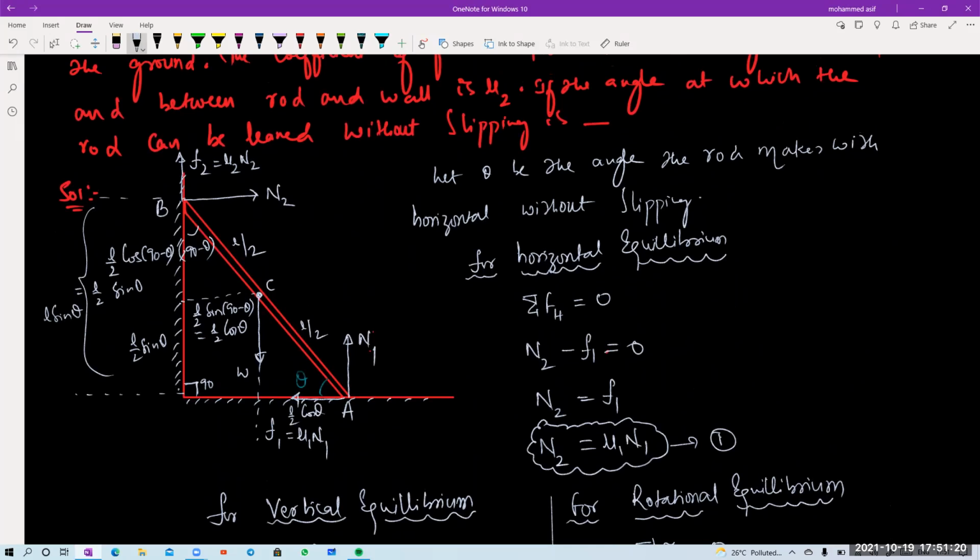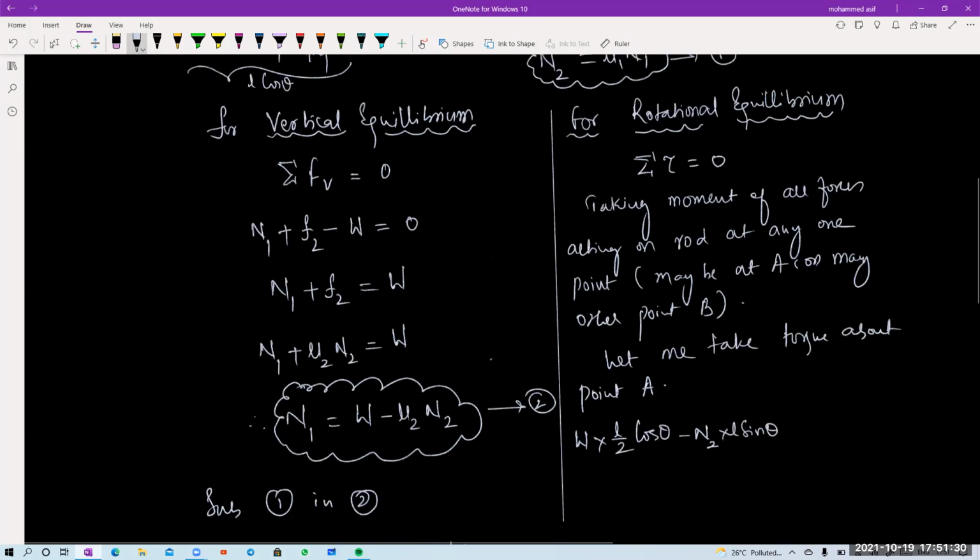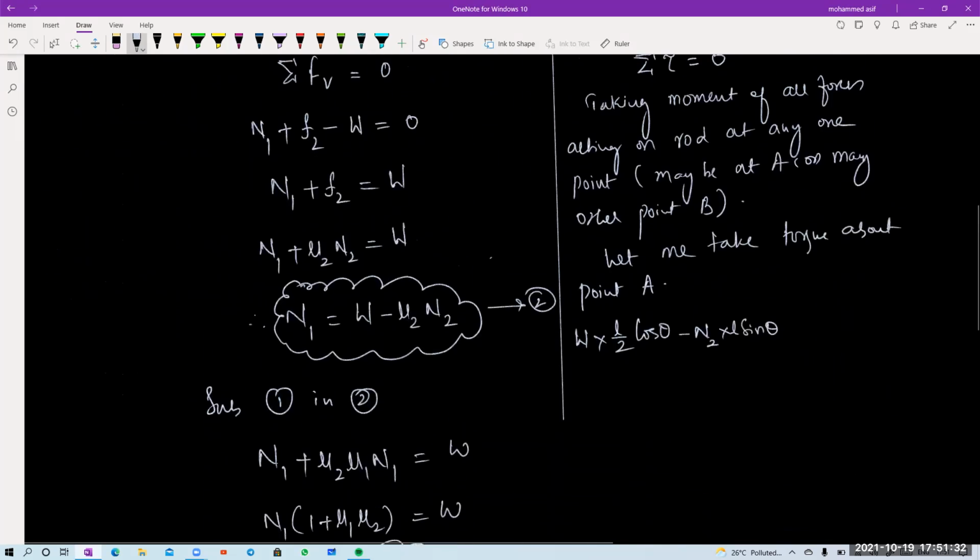This is L by 2 cos theta, and this is also L by 2 cos theta, so the total distance from here to here is L into cos theta. So the frictional force F2, which is mu2 N2, into L cos theta. That is in the upward direction, and I am taking that as minus. So this equals mu2 into N2 into L into cos theta. That must be equal to 0.